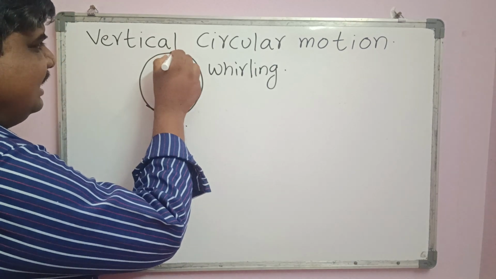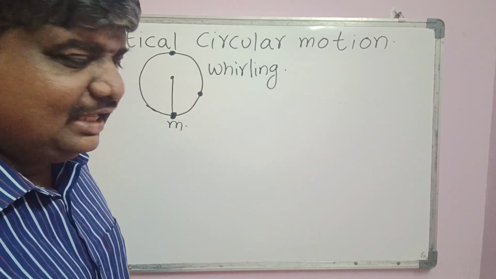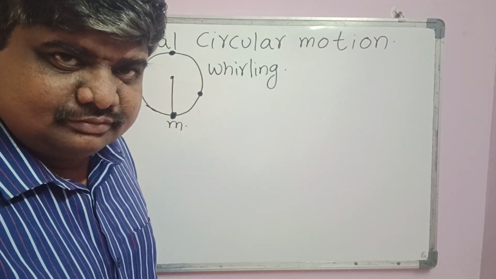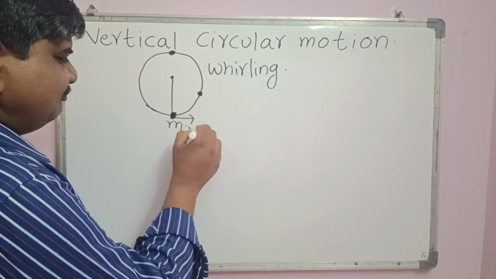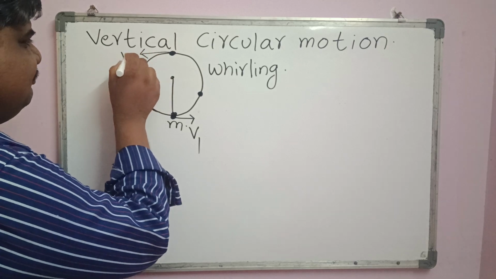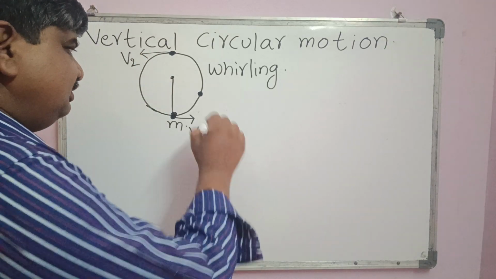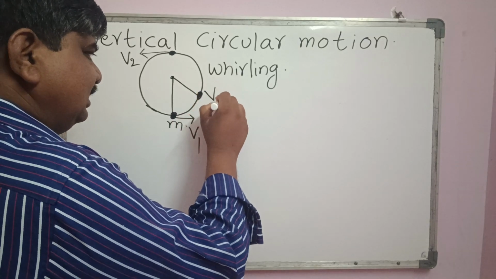Let us say this is the highest position. Let us say this is a position making some angle with the center. Let the velocity at the lowest position be v1, the velocity at the highest position be v2, and the velocity at any angular position be v theta.